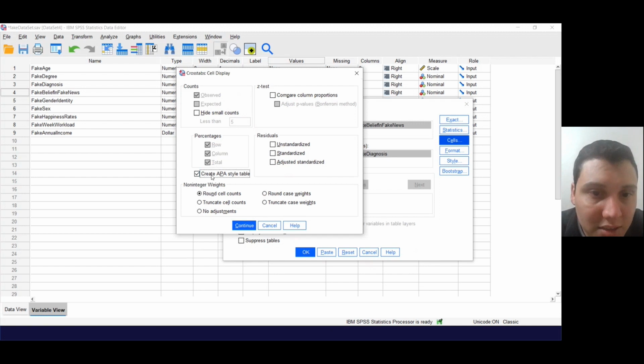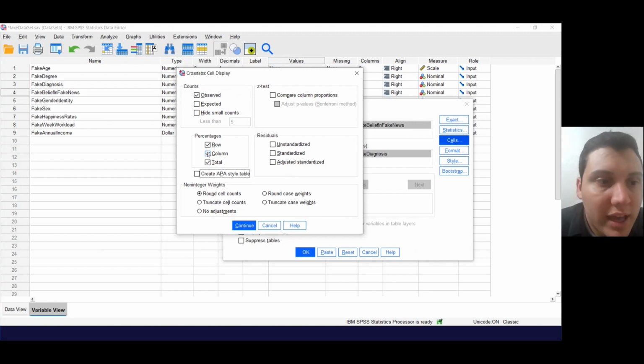If we click APA style table, this doesn't mean we're going to get a table in APA format. It's going to be far from APA format, but it's going to give us the totals based on columns. I didn't see anything regarding that in the actual APA publication manual, so I'm not sure why SPSS is doing that.